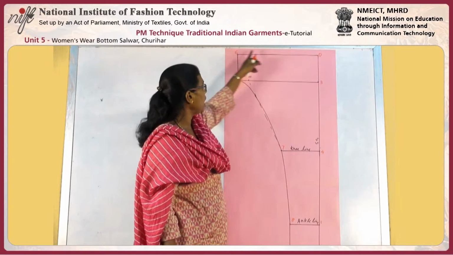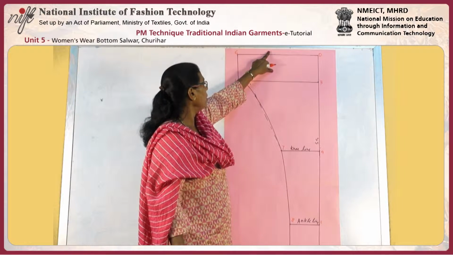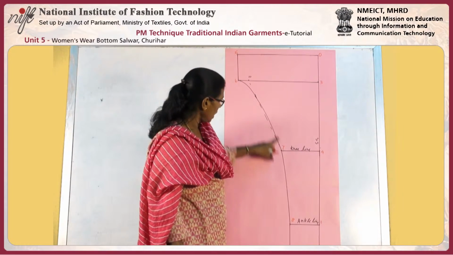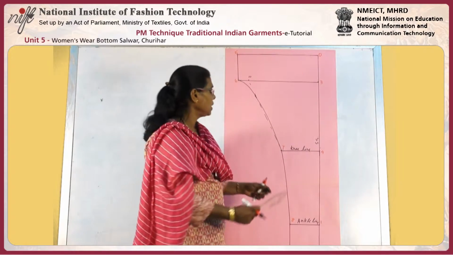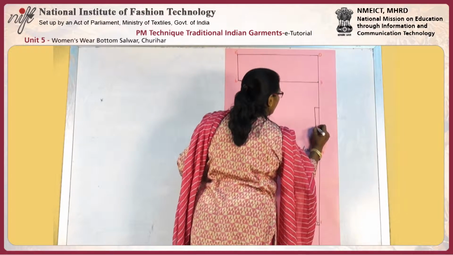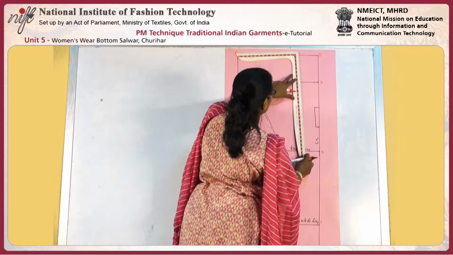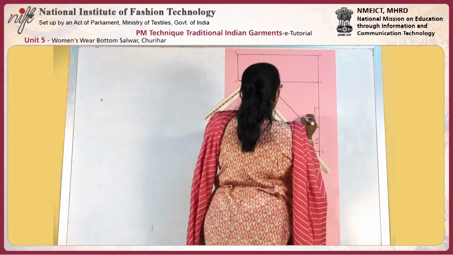Now we need to allow the seam allowance, waist at top half an inch, at the side half an inch, at the inleg seam half an inch, and bottom 1 inch, but the side should be on fold. And the grain line is a bias grain line.